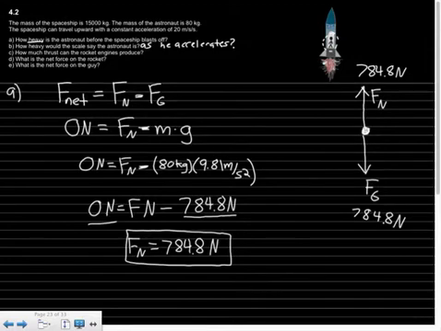I mean, you have 784 newtons pulling down. How many newtons need to pull up in order for the sum to equal 0? Right, 784. The sum is equal to 0. All right, let's do part B.